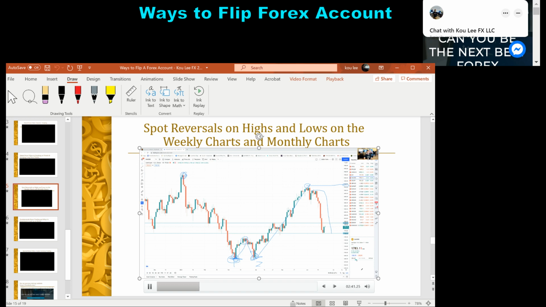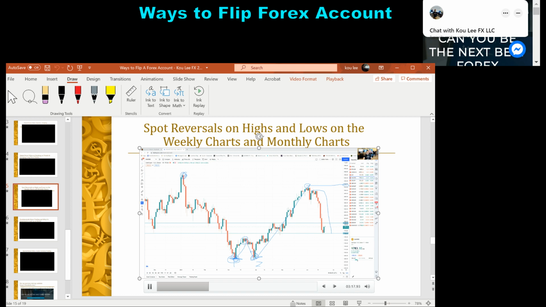If I were to hold a trade for more than a month, the longest trade that I've held for a live trade was almost 3 months, like 2 months and 3 weeks, and that was on USD/JPY when UJ was at 101, 102, and I held that all the way up to like 105, 106. So I'll explain that after this.